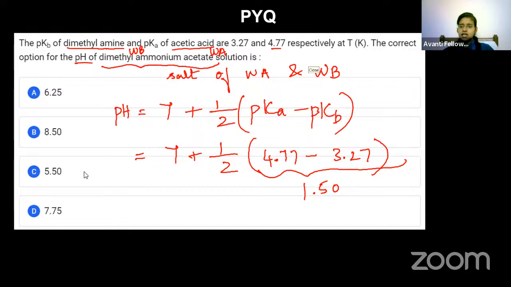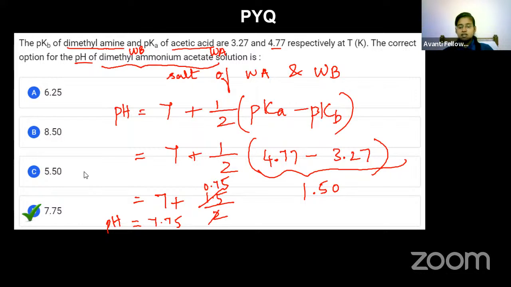Is it option A? No. 7 plus 1.5 by 2. 1.5 by 2 is 0.75, right? So 7 plus 0.75 is equal to 7.75. Option D is the answer. Got it? Roshan, you have made some silly mistake in your calculation, I think. That's why you have ended up with the wrong answer.